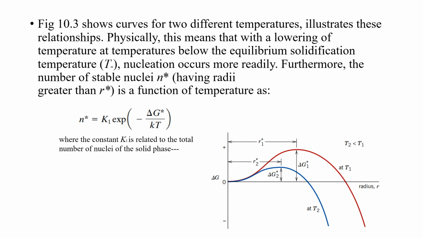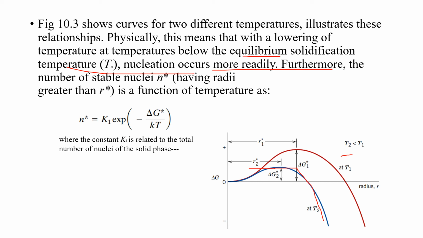Physically, this means that with lowering of temperature below the equilibrium solidification temperature Tm, nucleation occurs more rapidly. This is T2, which is lower than T1.